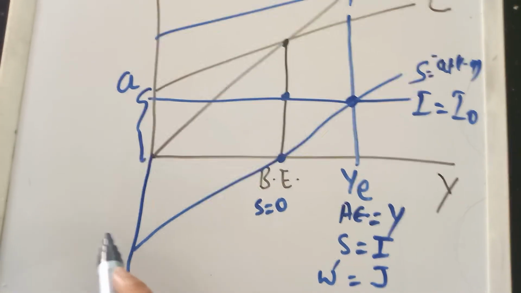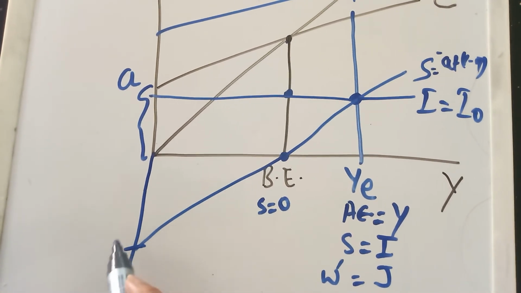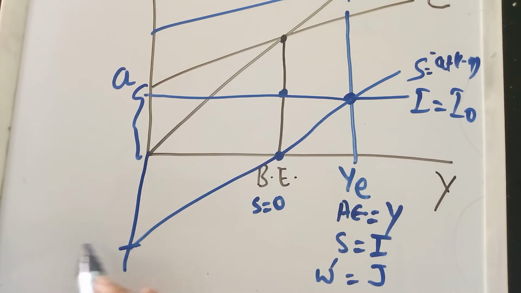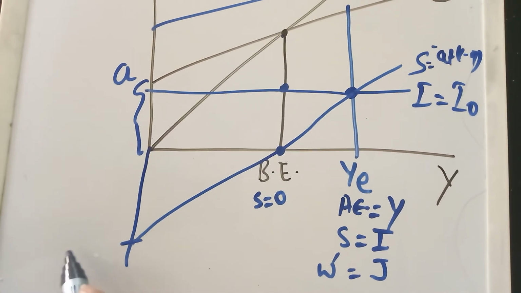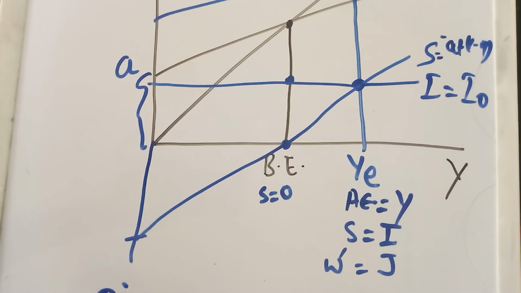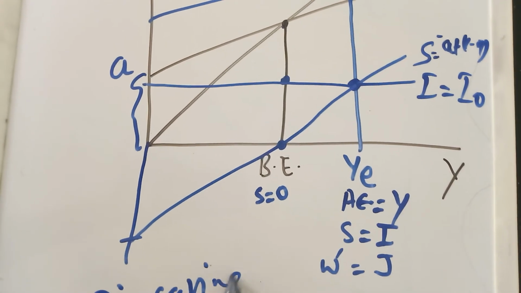That's what you have to remember, and please remember that savings are, to start with, negative, and that's called autonomous savings, or alternatively dis-savings.